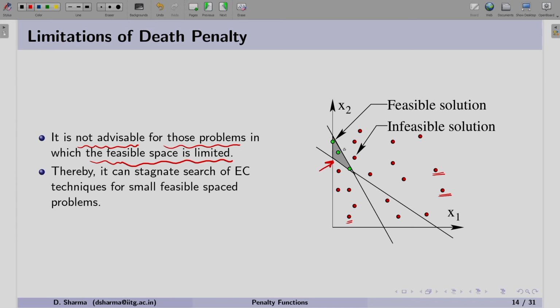As of now there are only 3 feasible solutions and the rest of them are infeasible. Which means that it can stagnate the search of EC techniques for small feasible space problems. Why? Because we have less number of feasible solutions as compared to infeasible solutions.